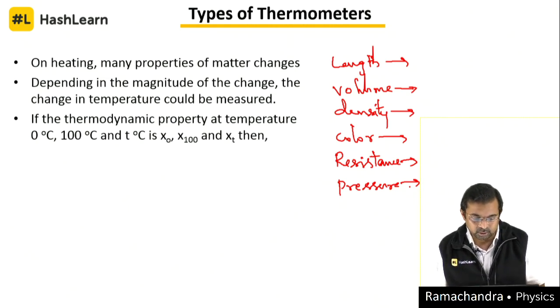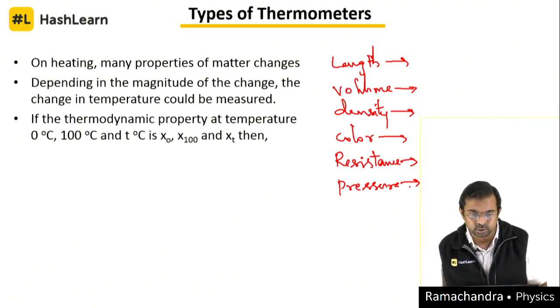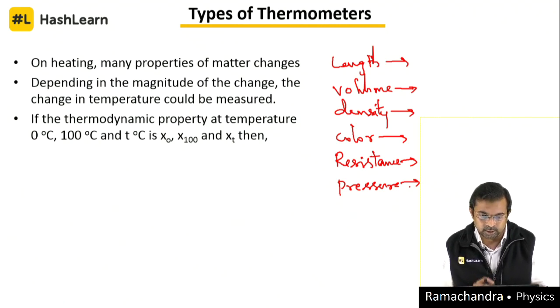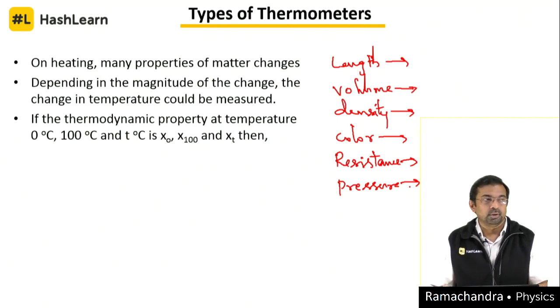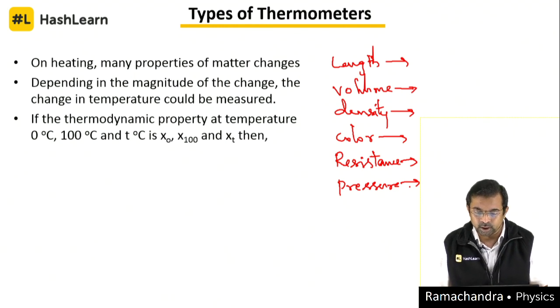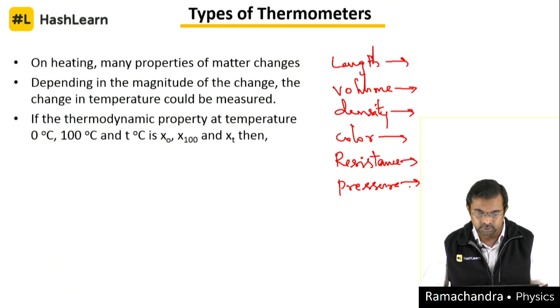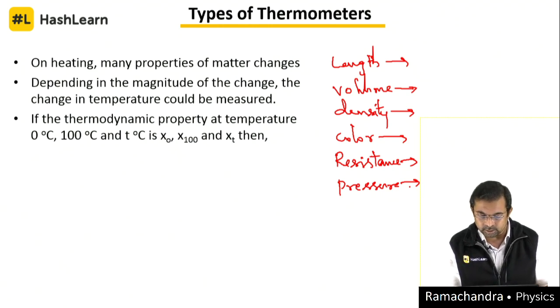So let's assume that at 0 degrees Celsius, 100 degrees Celsius and T degrees Celsius, the values are x naught, x100 and xt. These are the different thermodynamic properties. This x can be anything.